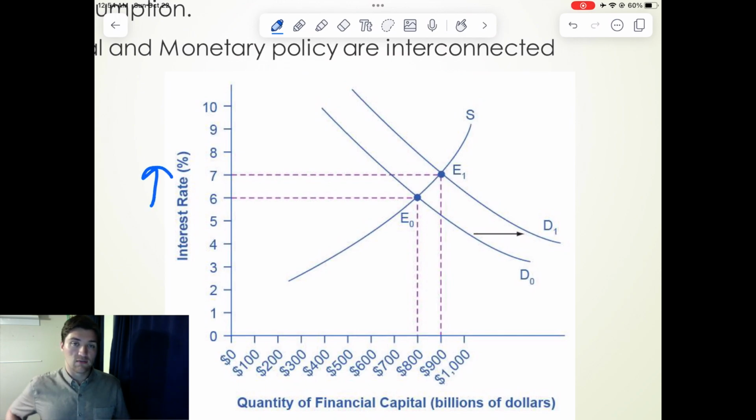And then how does this affect investment? Well, at a higher interest rate, you're looking at this as a business. You have to pay more money to get a loan. So I'm going to be demanding less quantity, right? If the interest rate is too high, I'm not going to invest, right? So therefore, investment goes down, and aggregate demand is going to go down as well.